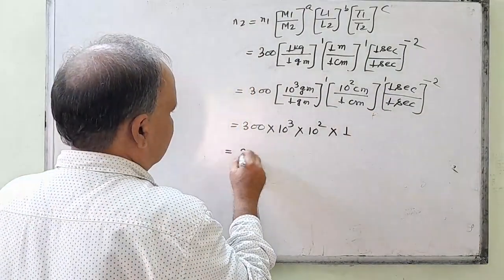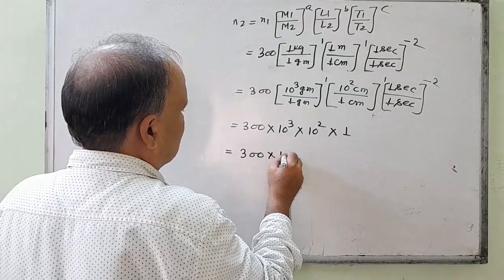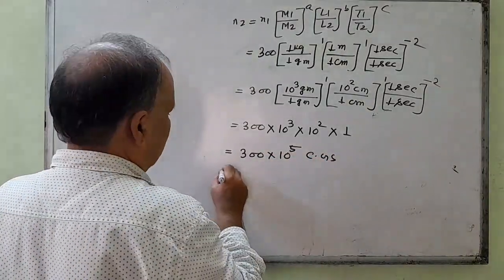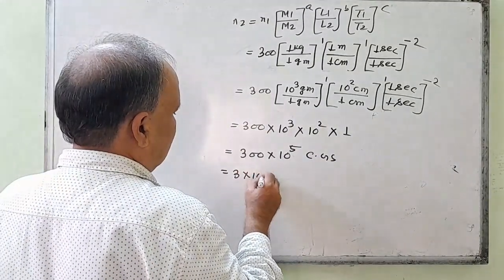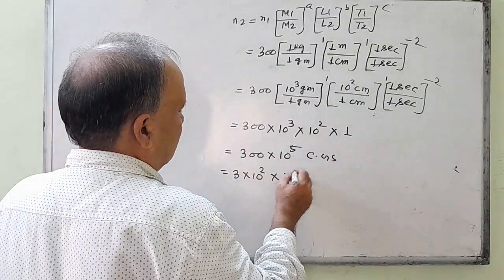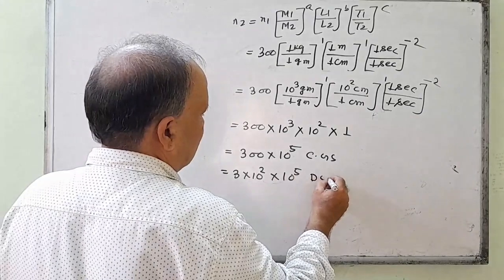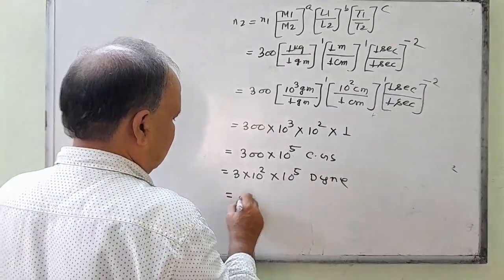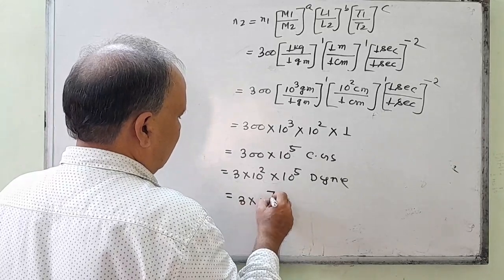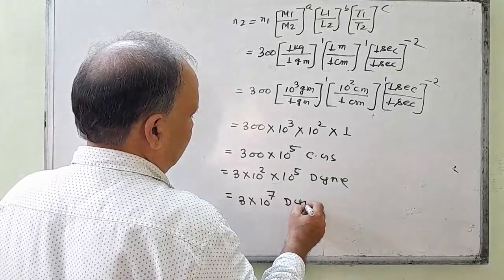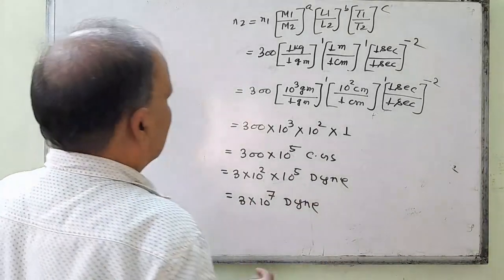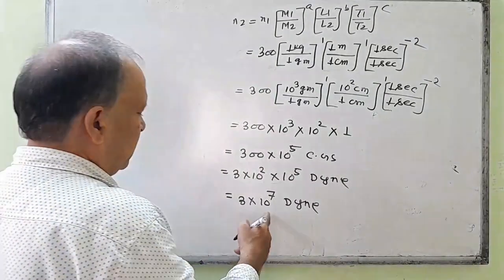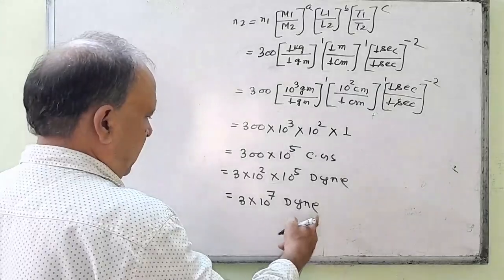That is equal to 300 into 10 to the power 5 CGS, or we can write 3 into 10 to the power 2, 10 to the power 5 CGS means you can write it dyne. That is equal to 3 into 10 to the power 7 dyne. So 300 Newton is equal to 3 into 10 to the power 7 dyne.